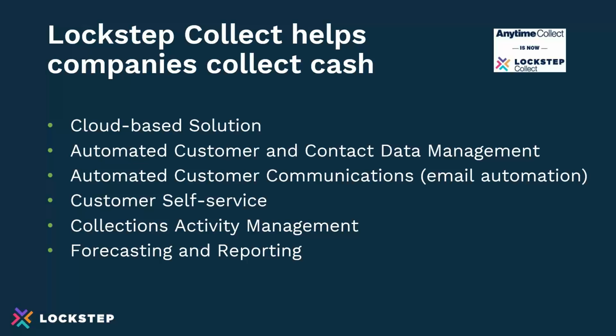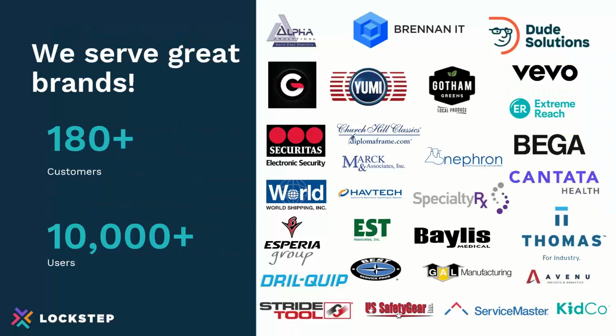There's a customer self-service portal that allows people to go online, access their accounts, and make payments directly through the web. And then collections activity management. How do you get your team to focus on the right activities at the right time? And finally, forecasting and reporting of your collections process and your cash flow. So those are all important things. It's a broad solution, but today we'll focus really on the email automation side of things.